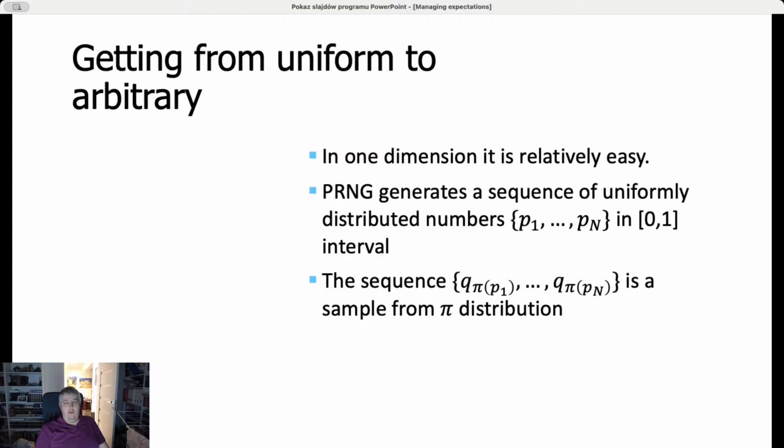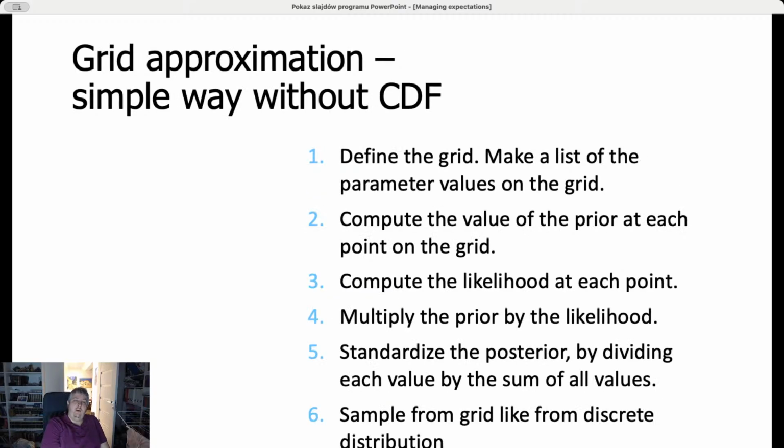This is of course not the only option. A very simple option, also in one dimension, is grid approximation, which is a simple way of approximating our probability density function with a probability mass function. The idea is that we define a grid on the values of the probability space, and we compute the value of our density of interest.